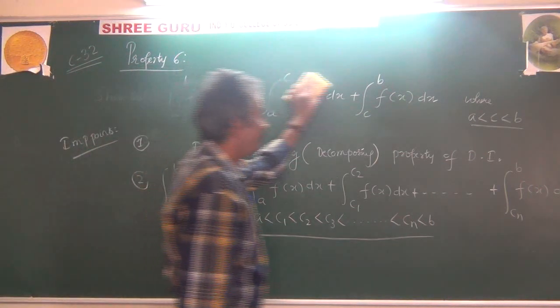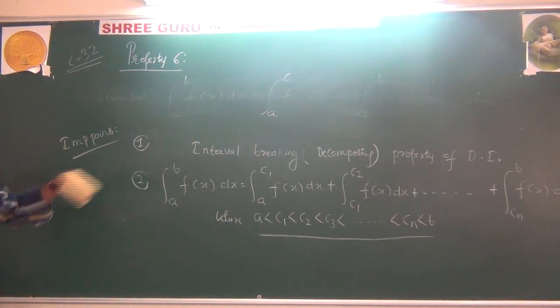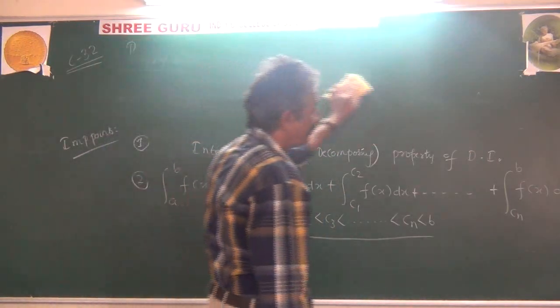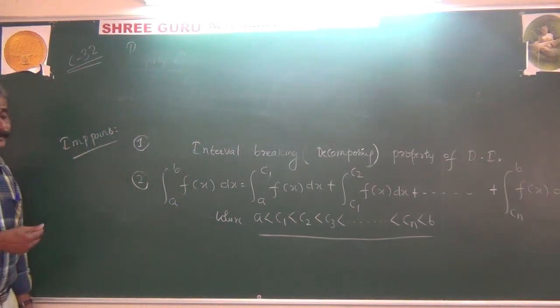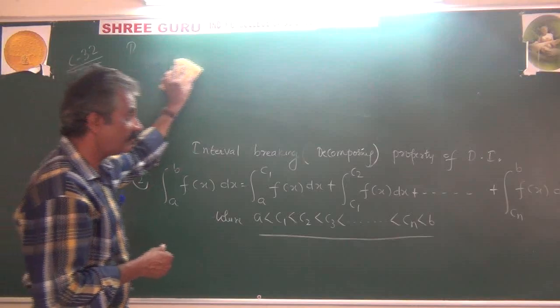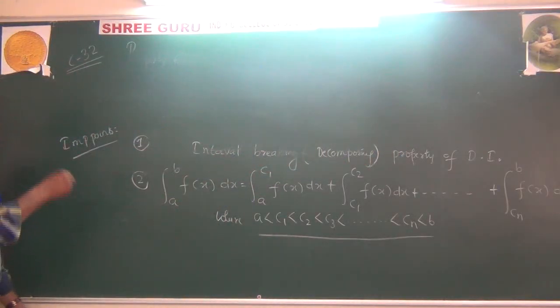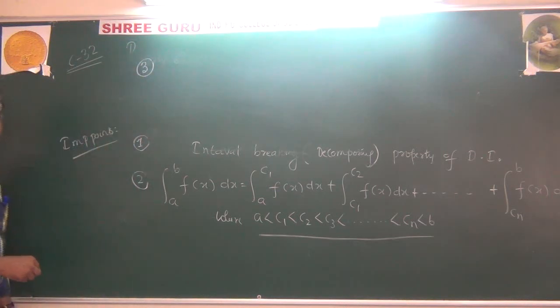Third point to write is the definition of modulus of a function from PUC first year, what you know already. Once again we are revising it. Recall the first year PUC topic named functions. In that you studied the modulus function, signum function, greatest integer function, etc. So that is what we are now mentioning. Third one, modulus function.